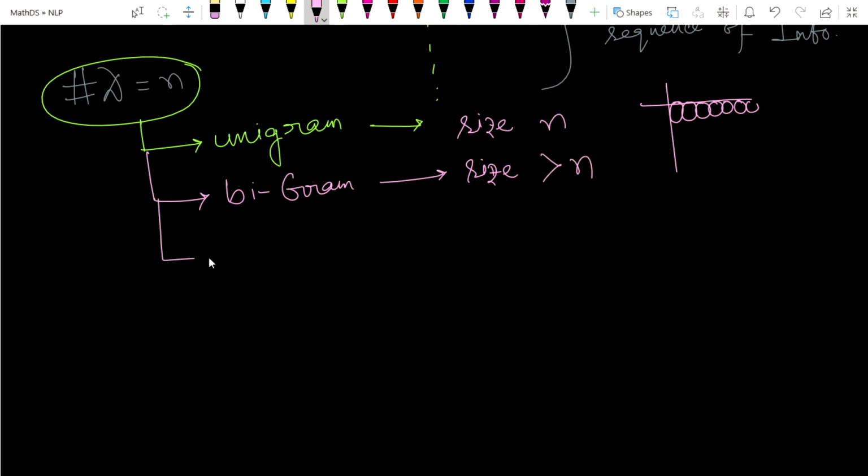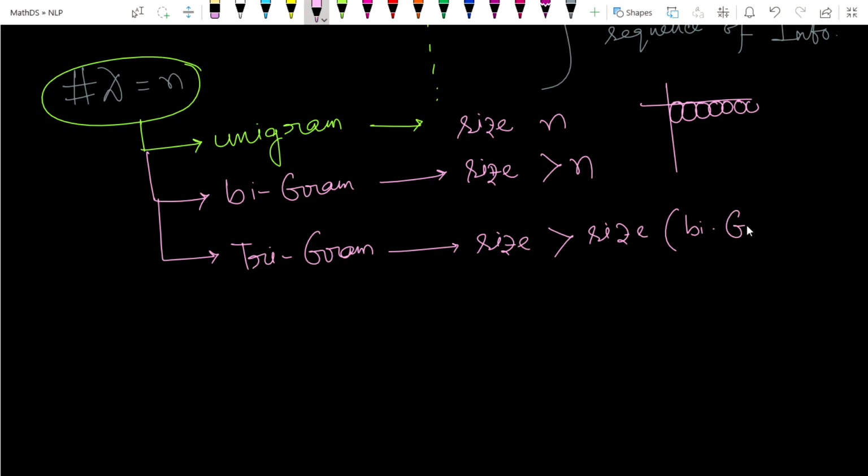Similarly, for the trigram, its size must be greater than the size of the bigram. It increases exponentially, and so on.